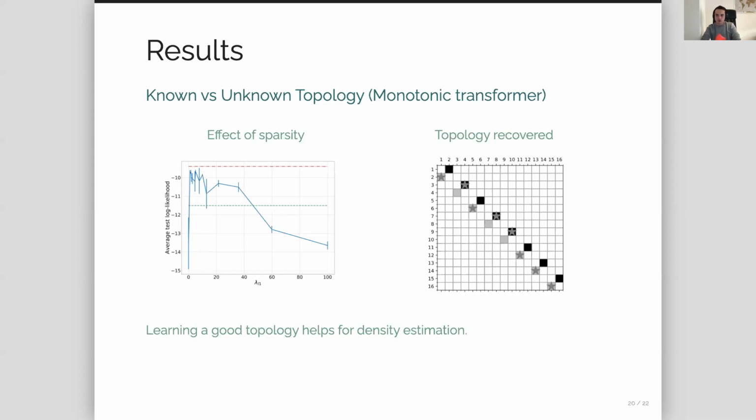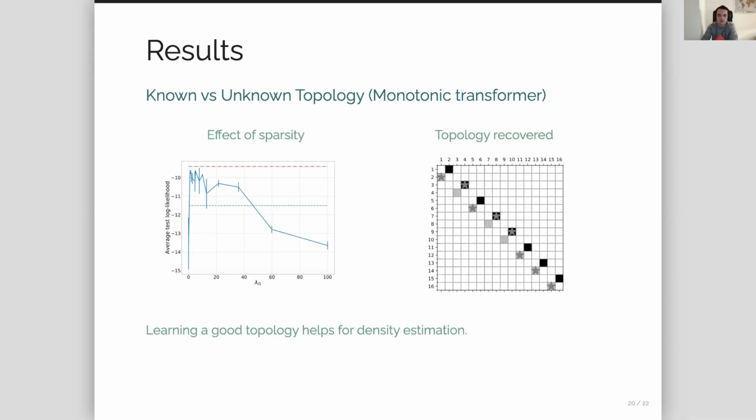And on the left plot, you see the log likelihood of the model as a function of the sparsity of the recovered topology. So we can force the sparsity by using some L1 penalization on the adjacency matrix. In red, you see again the result with a perfect adjacency matrix that makes the right independence assumptions.